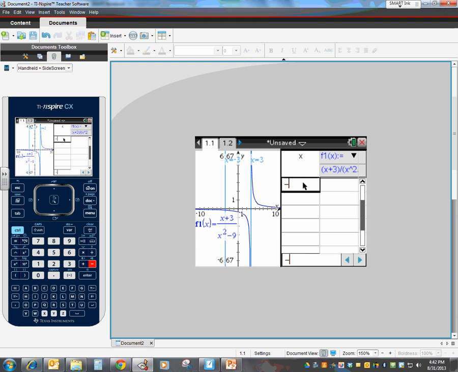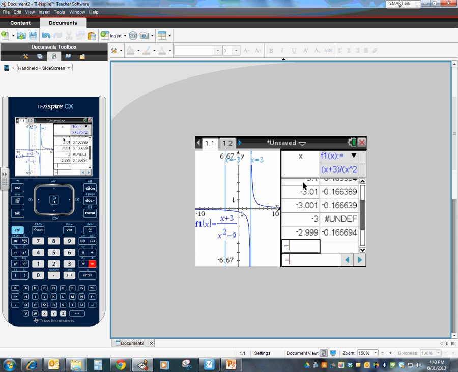So we had negative 3.1, negative 3.01, negative 3.001, negative 3, negative 2.999, negative 2.99, and negative 2.9.